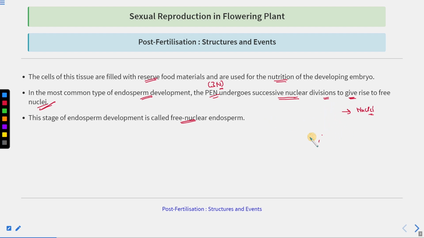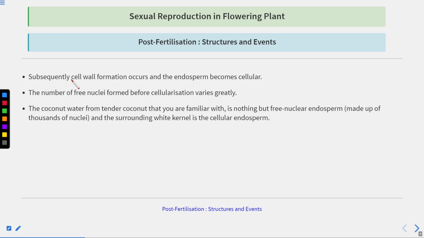Okay, let me draw it again. Like this. These were the initial nuclei. So this is the free nuclear stage. I'm just drawing a rough diagram here. Then later on what happens? Subsequently, the cell wall formation occurs and the endosperm becomes cellular. Clear? So what is happening here?